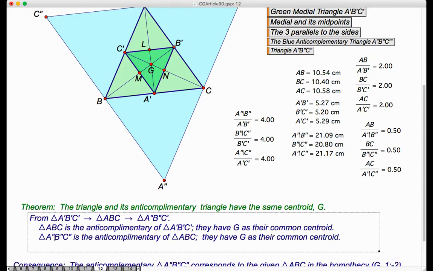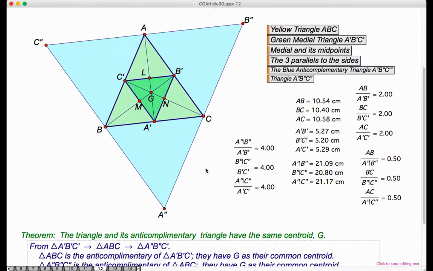Similarly, A double prime, B double prime, C double prime is the anti-complementary of triangle ABC, and again they have the same point G as their common centroid.